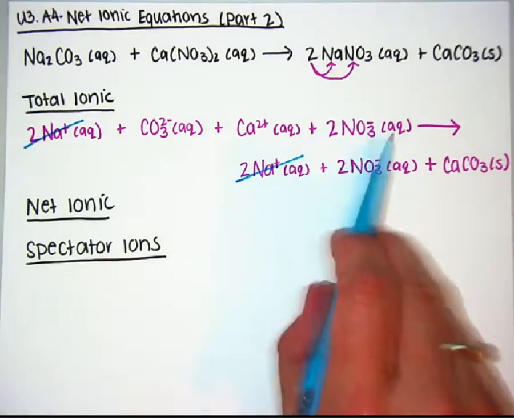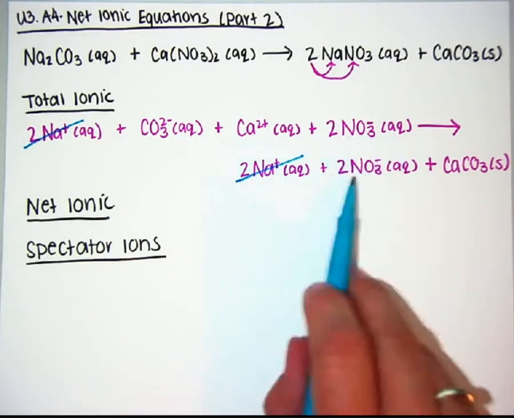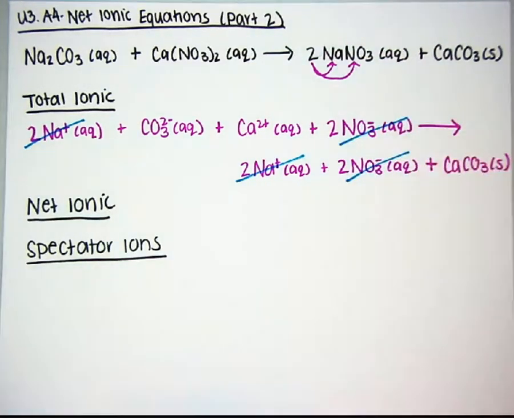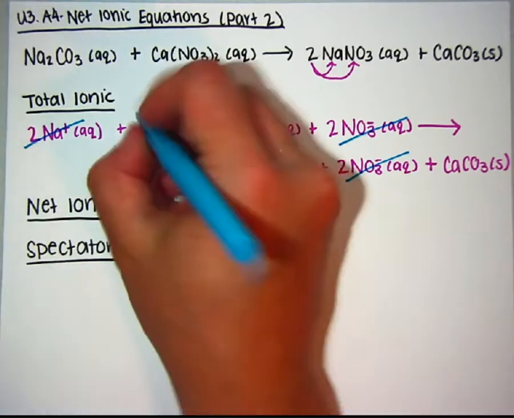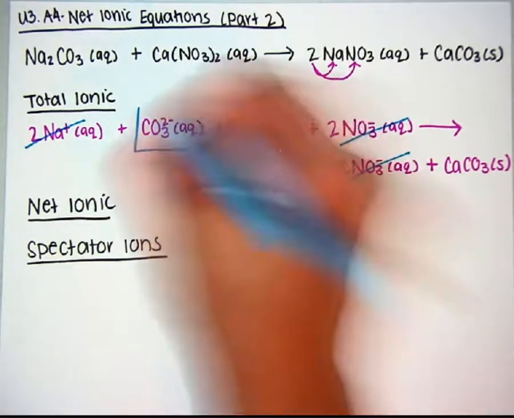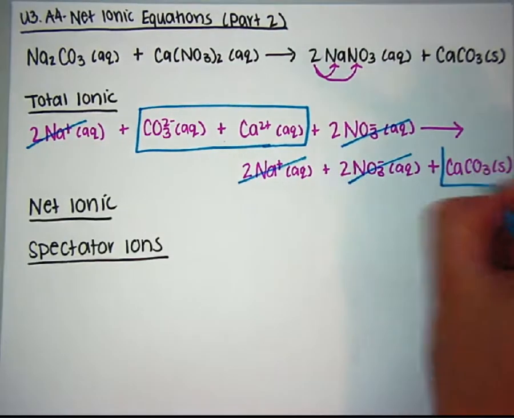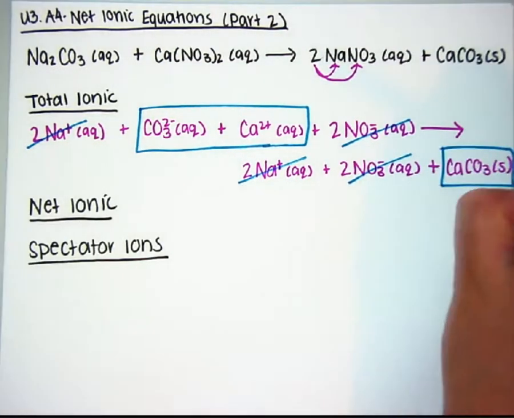I see 2 aqueous nitrates on the reactant side, 2 aqueous nitrates on the product side. They cancel out. Whatever is left over becomes my net ionic equation.